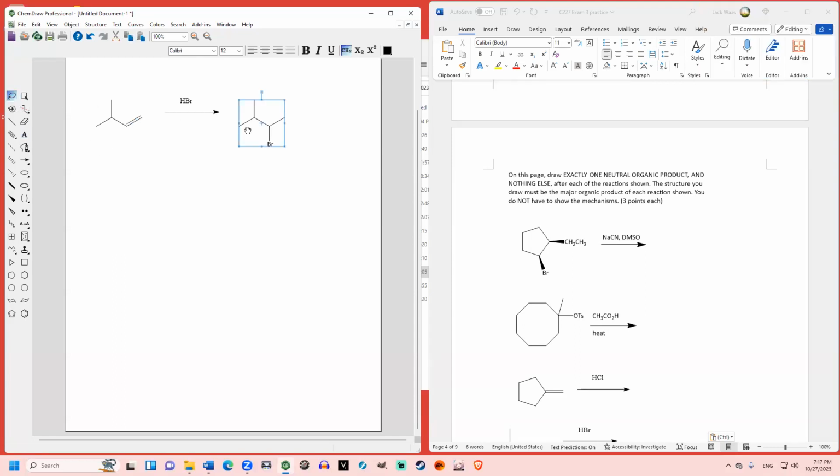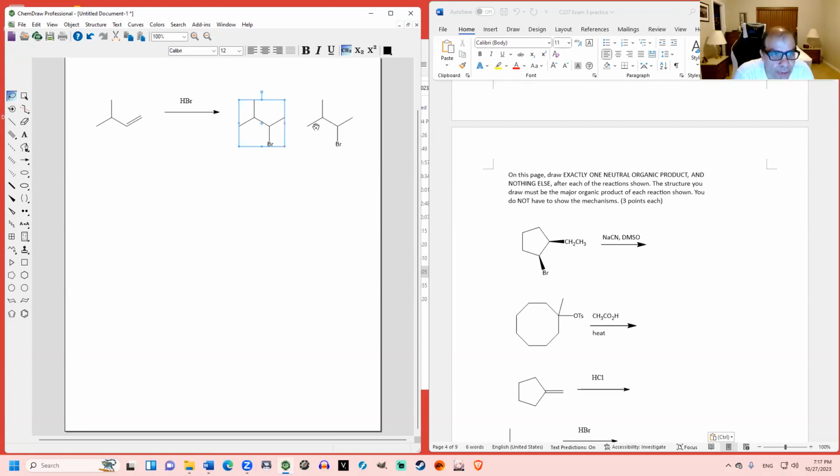Oh yeah, I had a question about that one. Shouldn't it be on the one more left to make it a tertiary? It absolutely should be. Again, I'm sure I accepted both answers because this is going to undergo a carbocation rearrangement.